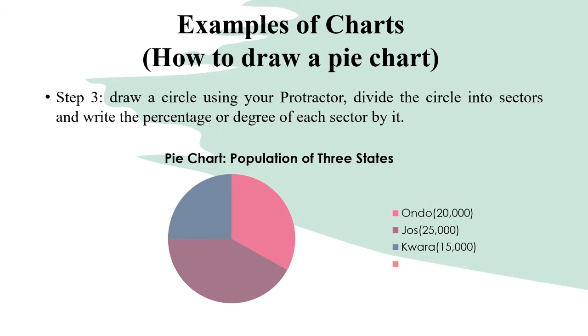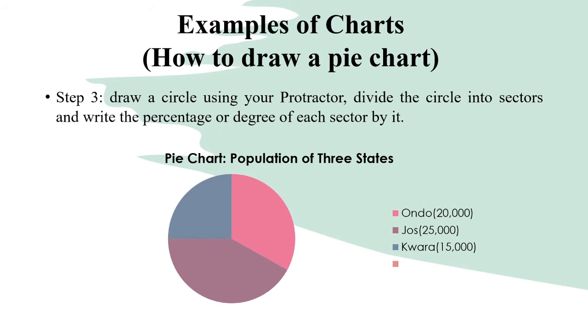So on Ondo State, it should be written 33%. For Oyo, it should be written 42%, and Kwara, it should be 25%. But it is not showing on my pie chart because I used my computer to draw it. So please, when you are drawing it with your hands, always indicate the percentage on each sector.